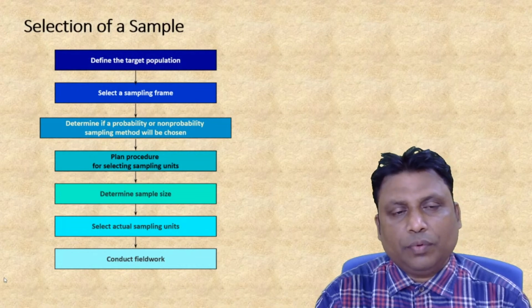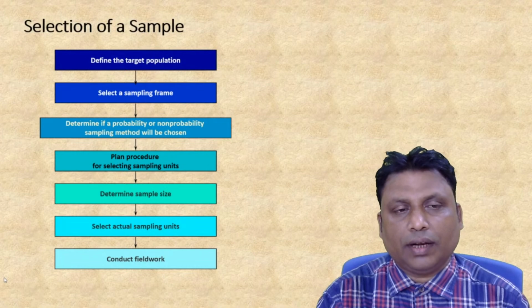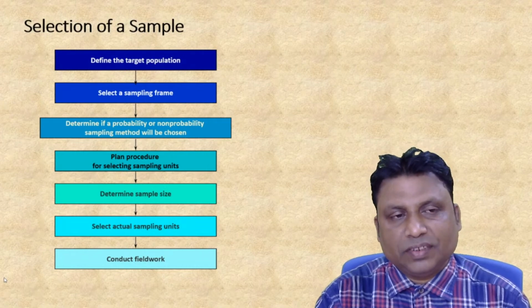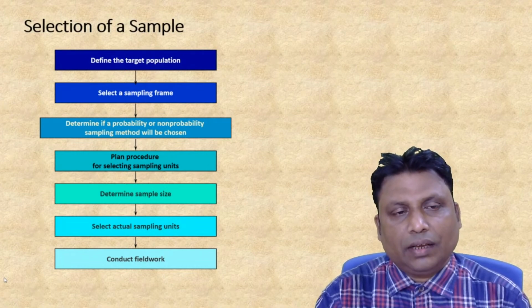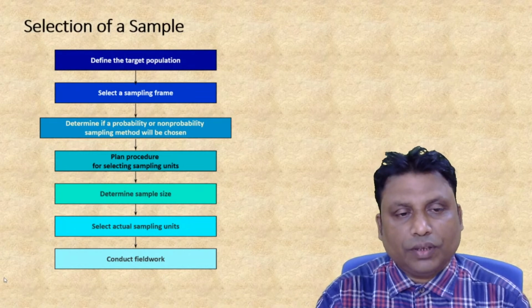At that time we have to collect the sample from institutes, either category A or category B or category C. So in this case, how do we collect the sample? For that, we have to use this procedure.